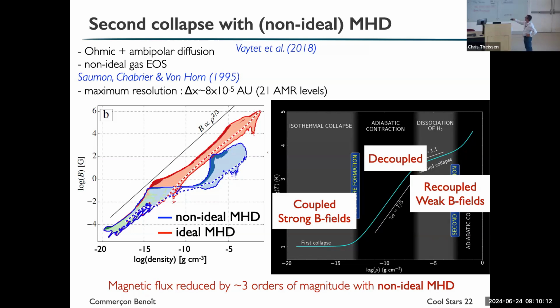At a low density, the magnetic field is well coupled to the gas, and we are in the strong field regime. Then at intermediate density, the magnetic field decouples. This is where non-ideal MHD operates. And then at much smaller scale, the magnetic field recouples with the gas evolution, but we are in the weak field case, so a different ideal MHD regime.